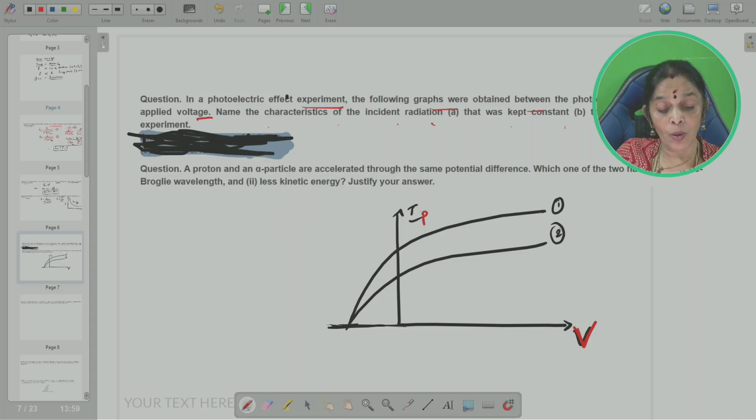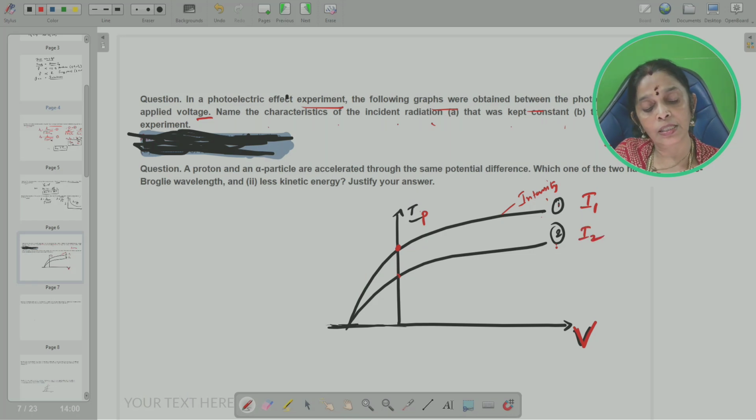You can see here that 1 and 2 are not the same, that means the photocurrent is different, therefore intensity is different. More the photocurrent, more the intensity. So I1 is greater than I2. I can write that intensity is different.